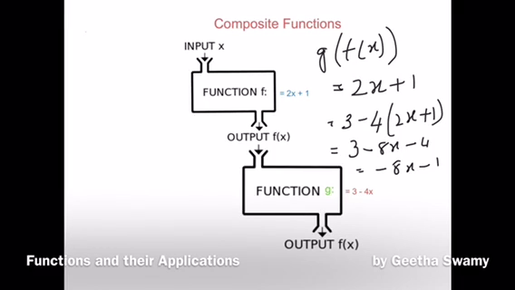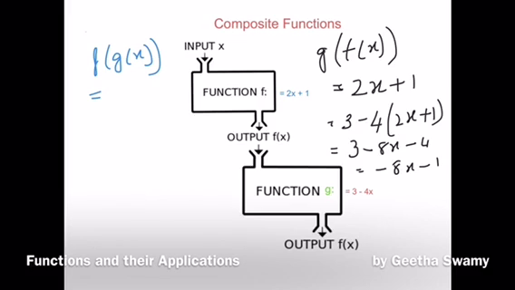Now I want you to look at what could be the value of f(g(x)). So what are we going to put in? Into the f function, I'm going to put in g(x). And what is g(x)? 3 - 4x.